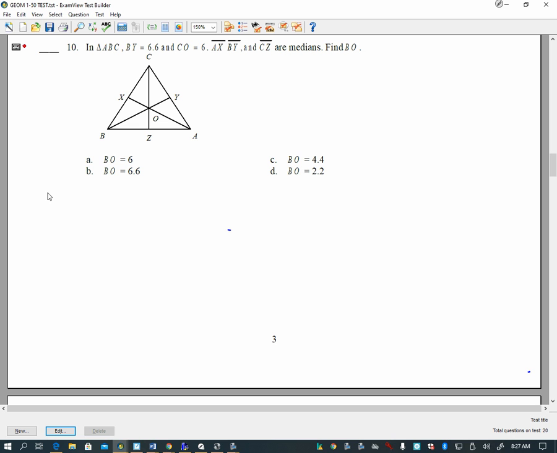Okay. Number 10. Triangle ABC, it says BY is 6.6, CO is 6, AX, BY, and CZ are medians. Find BO. Can you tell me what point O is called in this figure? The centroid, which divides the median into two segments of proportional lengths, right?